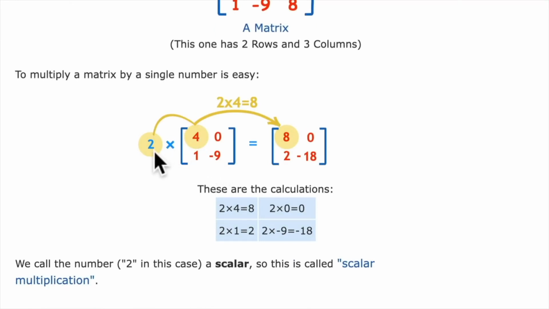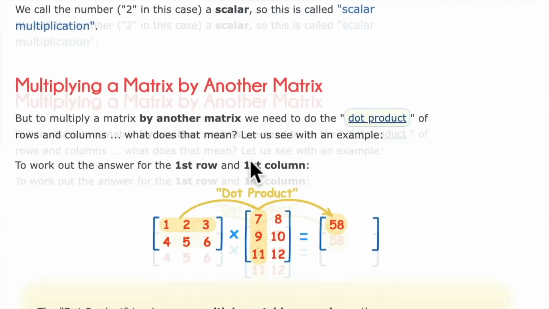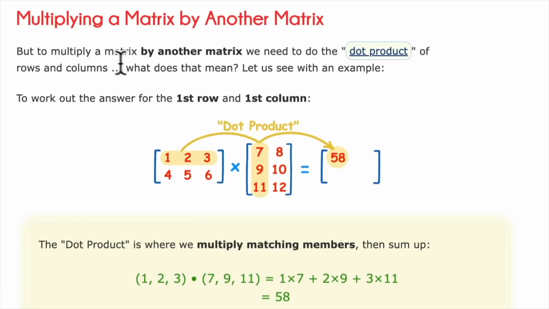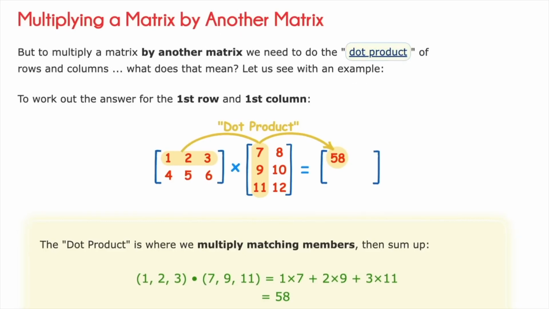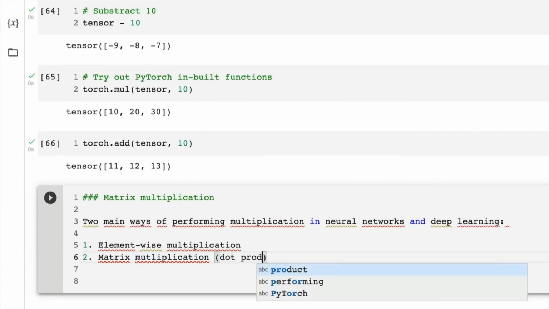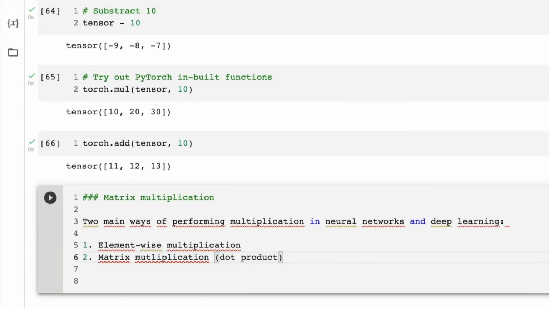In this case, we have 2 times 4 equals 8, 2 times 0 equals 0, 2 times 1 equals 2, 2 times negative 9 equals negative 18. But then if we move on to matrix multiplication, which is multiplying a matrix by another matrix, we need to do the dot product. So that's something that you'll also hear matrix multiplication referred to as, the dot product. So these two are used interchangeably, matrix multiplication or dot product.